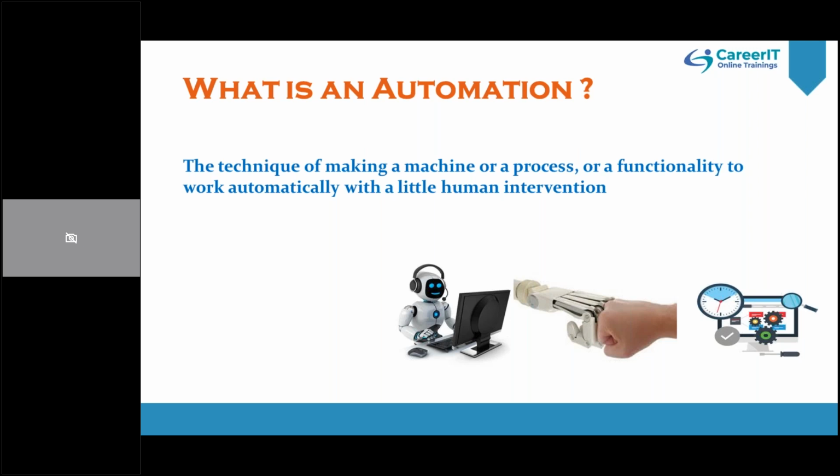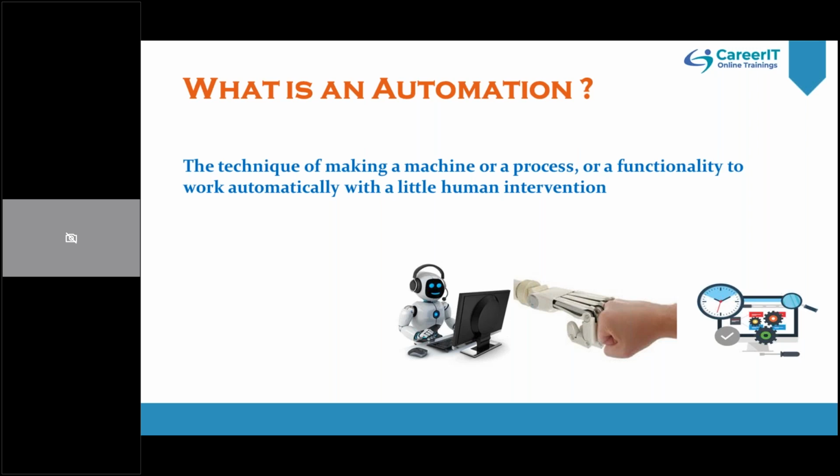Why I mentioned a little manual intervention is that before that script works on its own, we have to run it. That's where we need a little manual or human intervention. Otherwise, while executing or running your automation scripts, there won't be any manual or human intervention required.